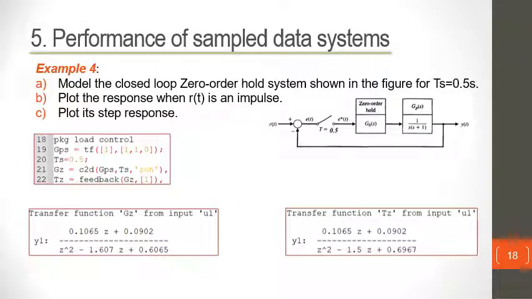Let's take an example of analysis, looking at the performance of a sampled data system. In this example, we will look at a simple case whereby we want to model the closed loop transfer function of a zero order hold system in this figure, using our sampling time T equal to 0.5 seconds.